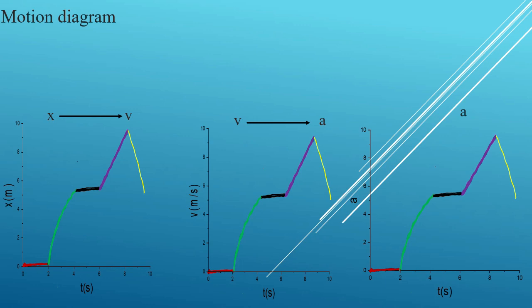If I have this plot, I can calculate the velocity, right? Because velocity is going to be the derivative of x over time. For the second one, if I have the velocity, I can calculate the acceleration, correct? And the last one is a plot based on the acceleration.